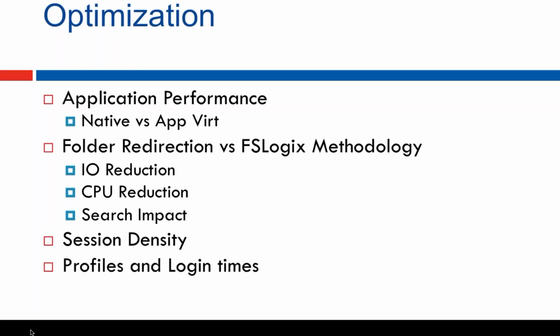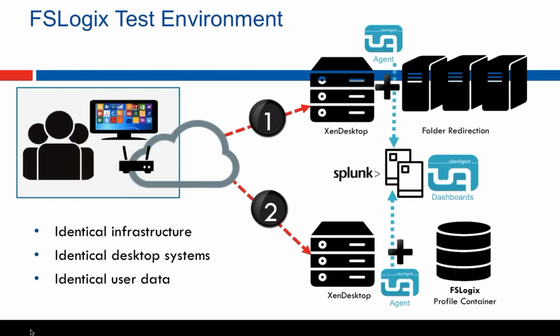And this is ultimately going to impact your profile and login times. Because we're optimizing, it no longer takes 55 seconds to log in and X amount of CPU, it's going to take 10 seconds to log in and a much smaller amount of CPU. These are all good things that are given back to the end user. So these are things that we can help you accomplish.